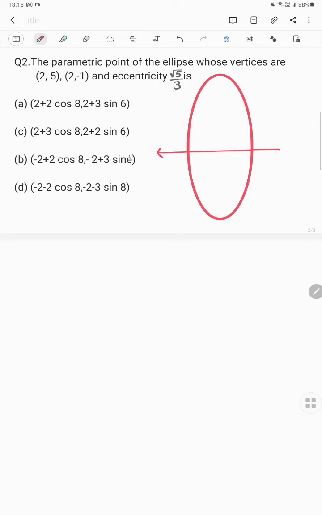This is the minor axis. This is the major axis. Of course it is a little curvy line, but we will draw that.